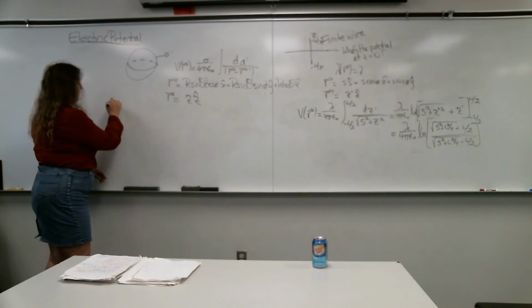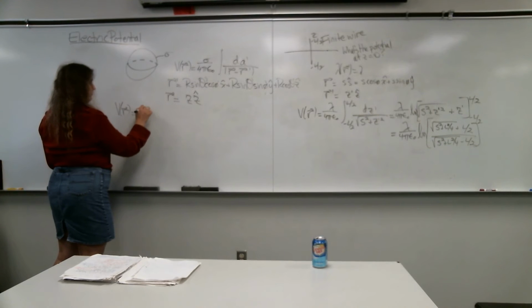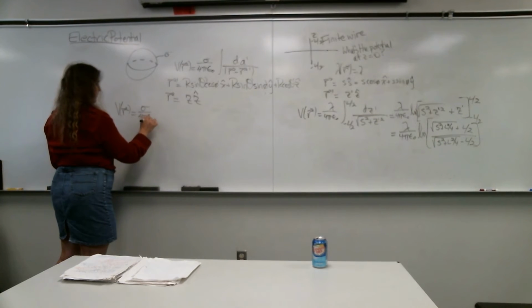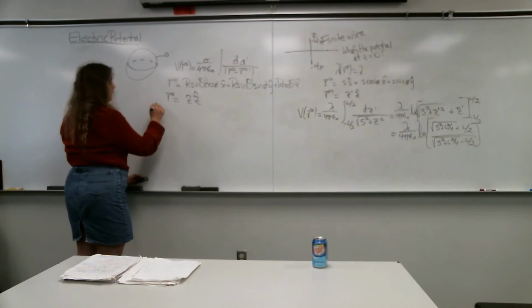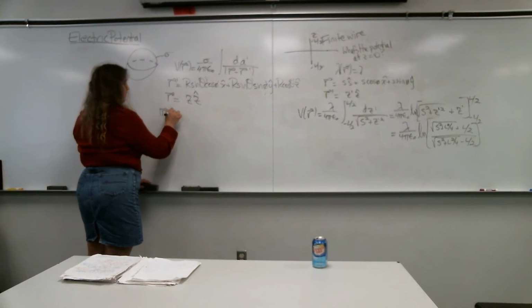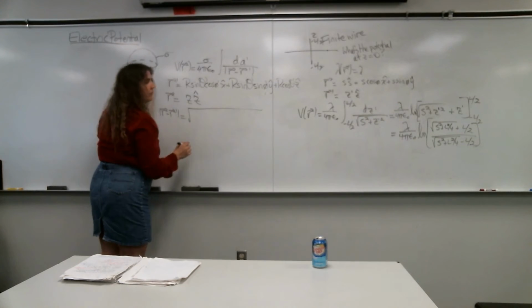Okay, so let's plug in these values here. And before I do that, let me calculate r minus r prime. So that's the square root of the sum of the squares.